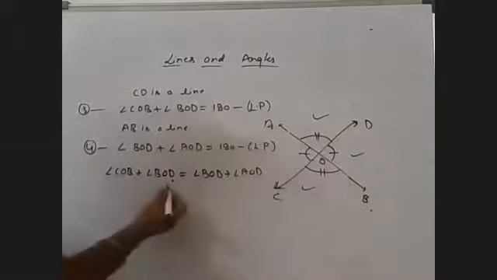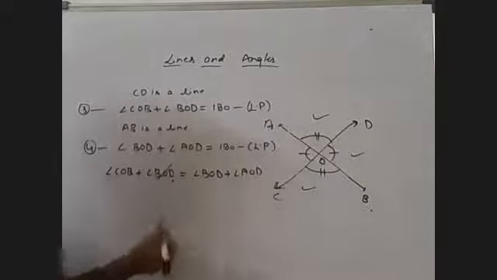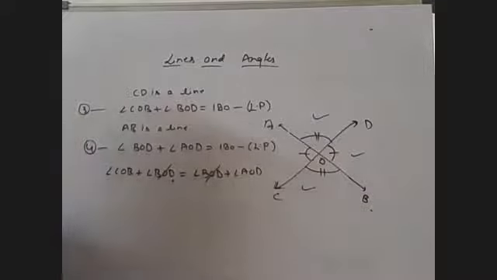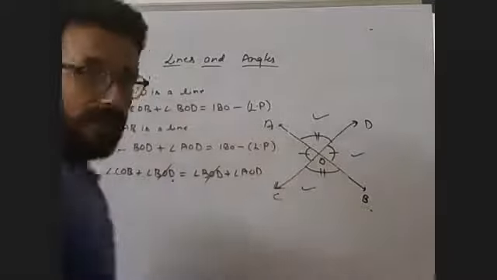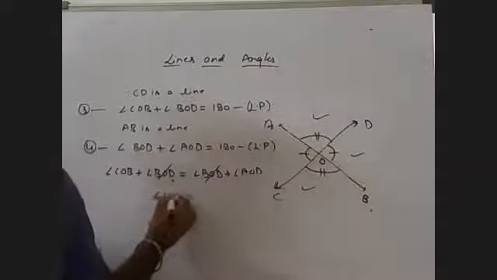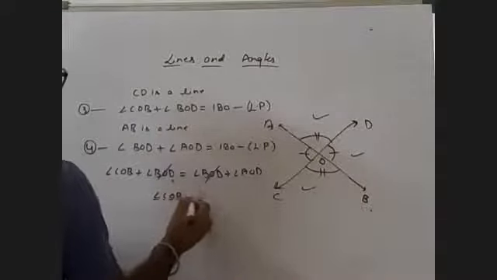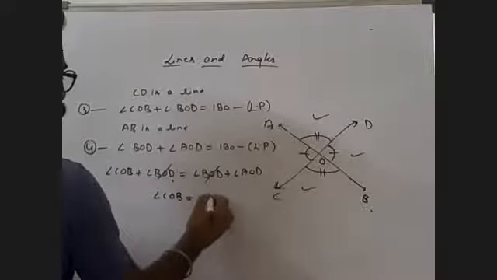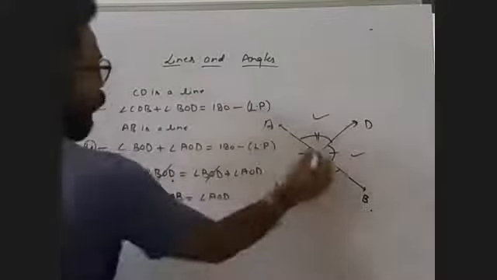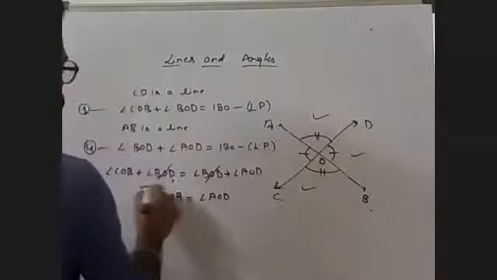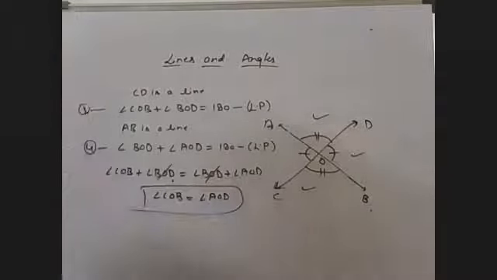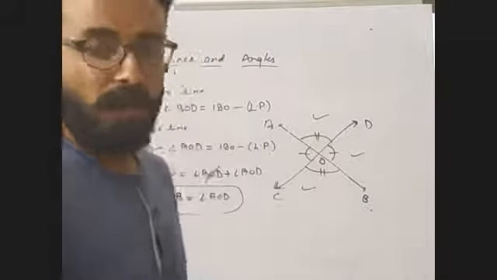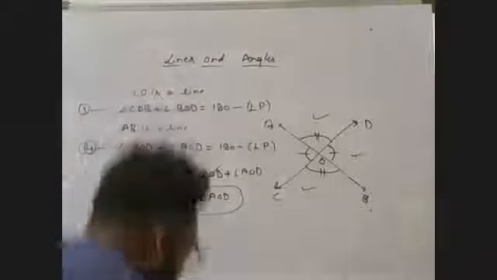On both the left hand side and right hand side, angle BOD is present, so both of them cancel, and we get angle COB becomes equal to angle AOD. These are the vertically opposite angles, and we can prove it from here. Hence we have proved that vertically opposite angles are equal, and this is the concept that we were taking.